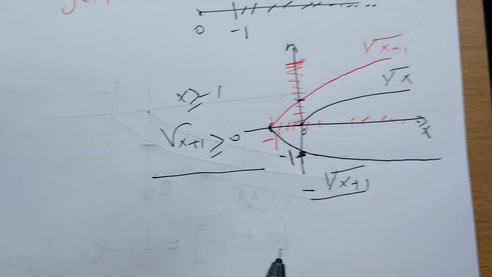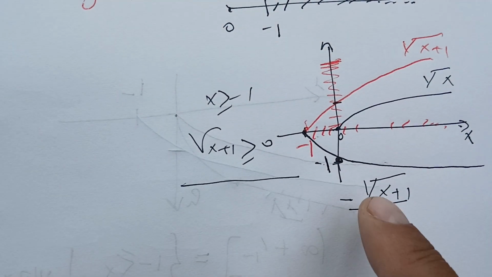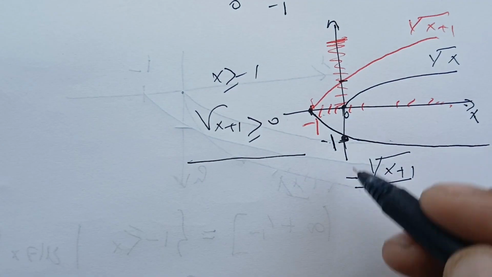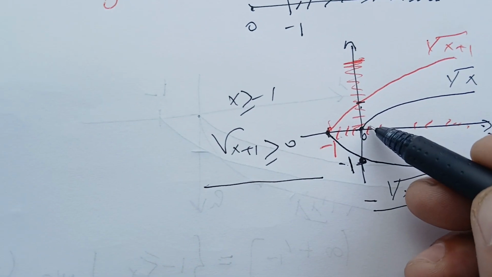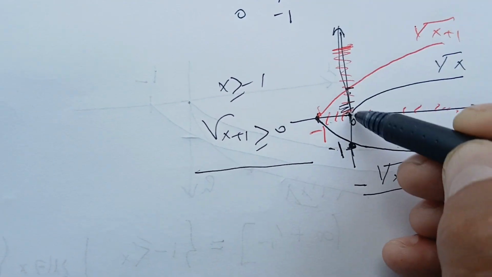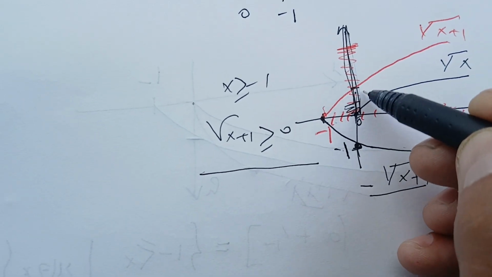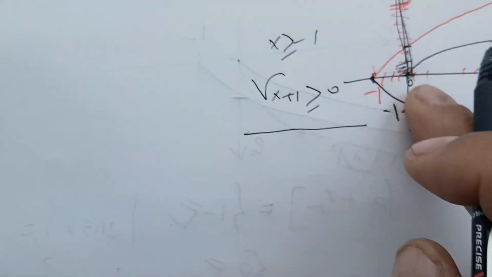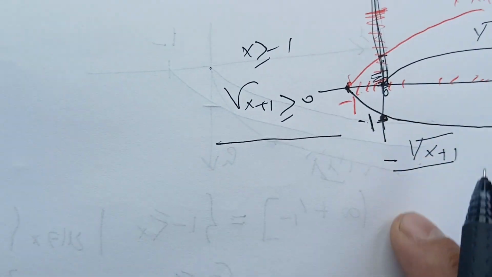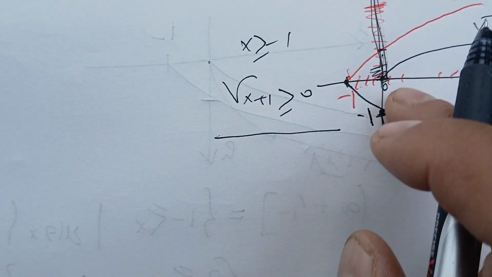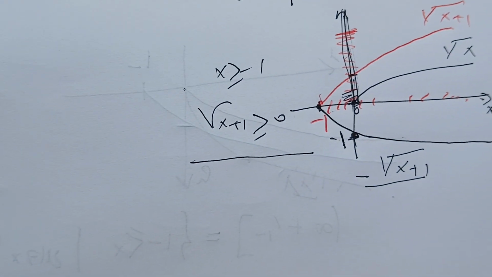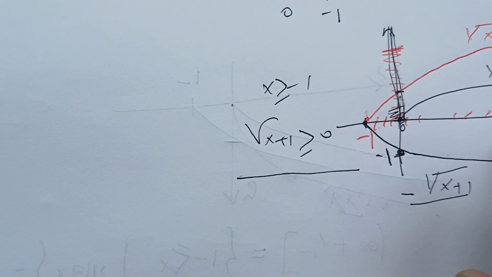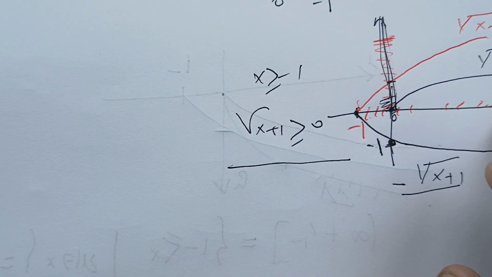Notice that what happens in this case is that the domain is the same, but the range has changed. The range for f of x is this set of positive values. But for g of x, the range is here. It has changed completely, so it's like it flips with respect to the x-axis.